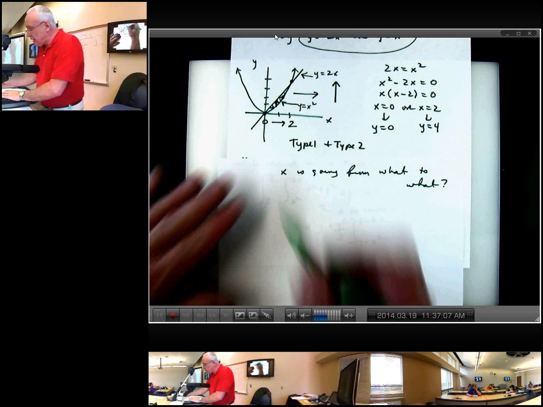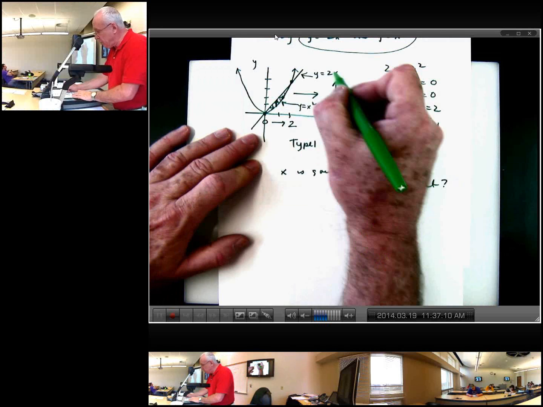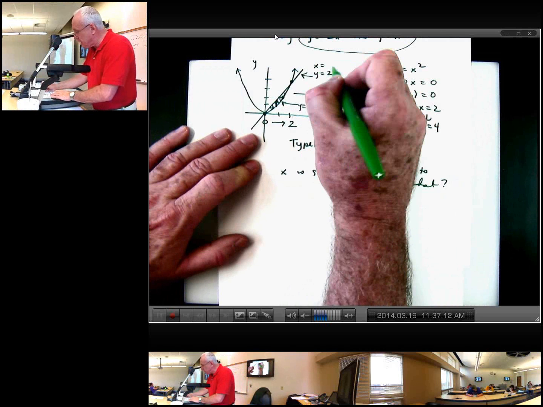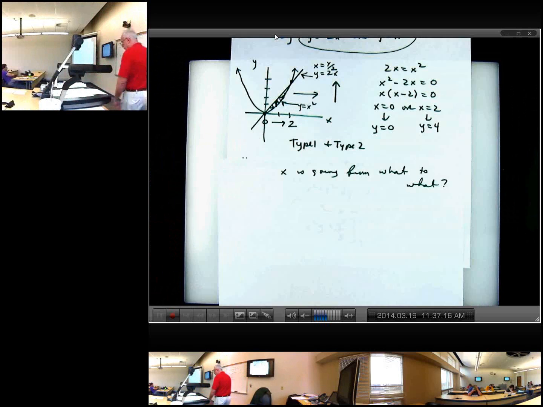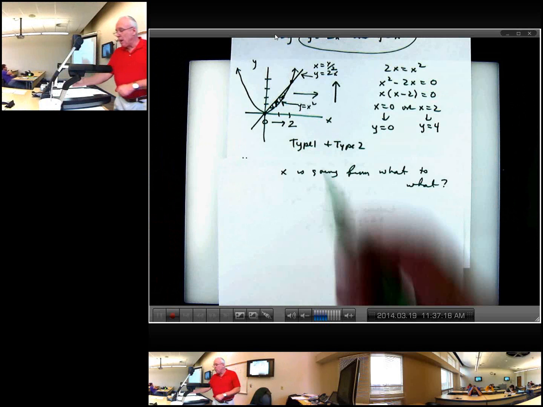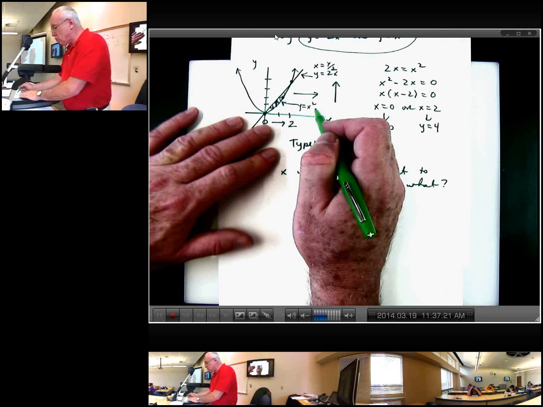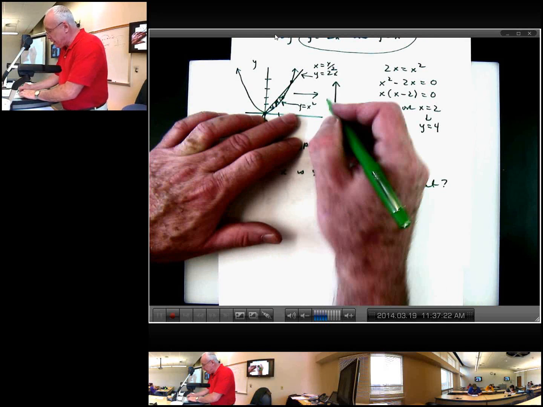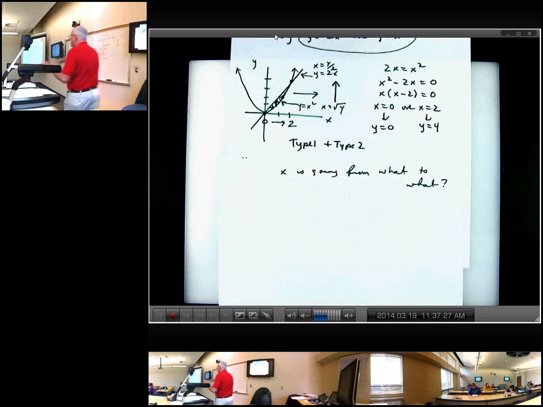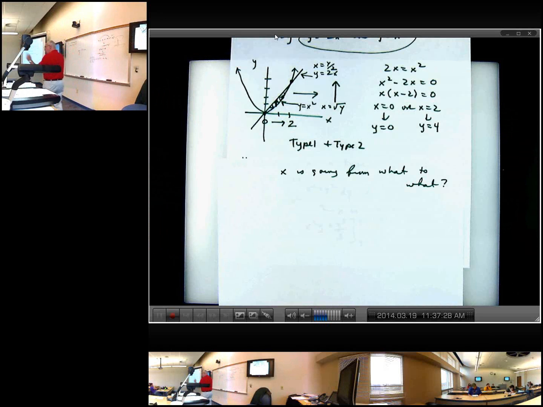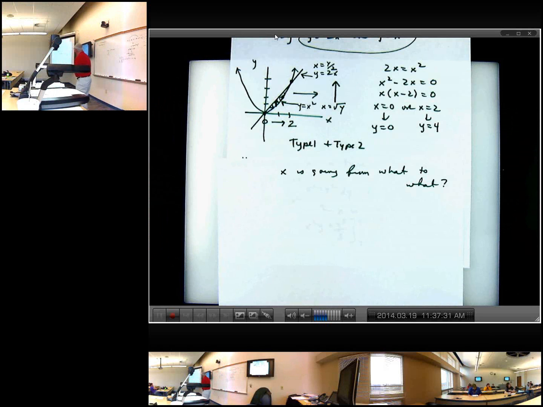So this straight line can be rewritten as x equaling, when I divide by 2, y divided by 2. My parabola, which is y equals x squared, if I want to isolate x, I take the square root. And here we're only talking about the positive square root, so I don't put plus or minus. x equals the square root of y.